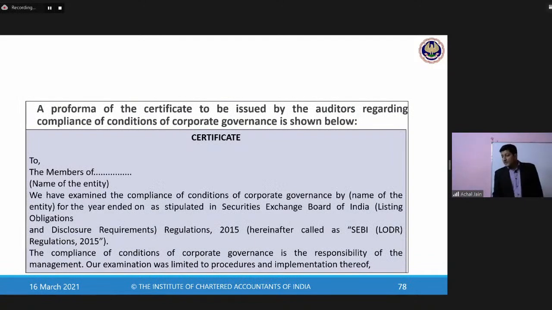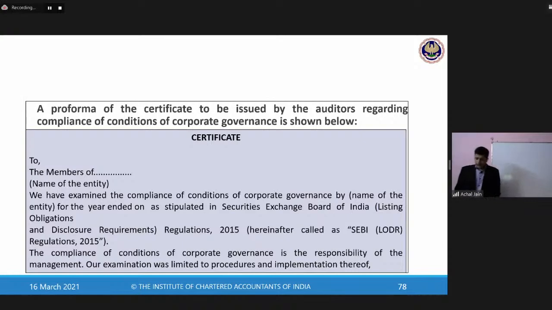Now, what we can do is we can look at this pro forma certificate. Pro forma means the format as to how this is required to be captured therein, and we'll also see as to how all of these non-compliances will be reported therein. So this will be issued to the members. So the certificate goes out to the members, then the name of the entity will come.